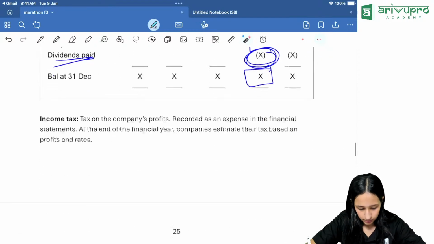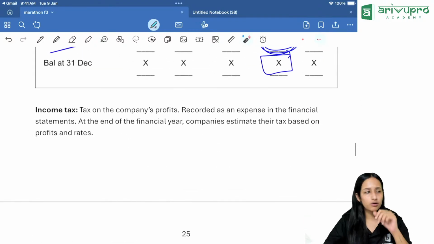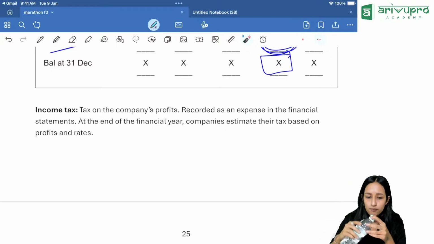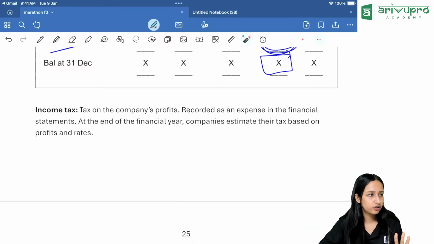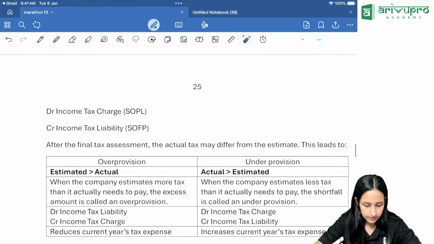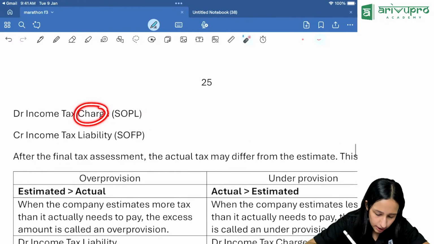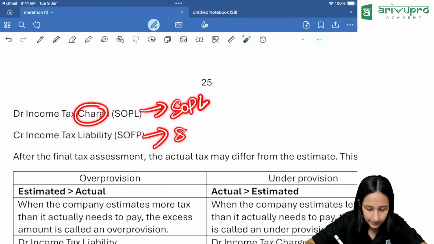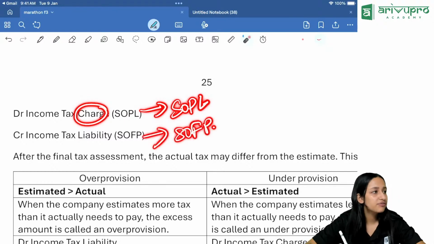Now income tax. We already learned about sales tax. Income tax is simpler than sales tax. For any business that is making a profit, you will have to pay tax. Got it? This is how you do it. So the tax charge appears in the SOPL, the profit and loss account, and in the SOFP, the balance sheet, nothing but the statement of financial position.